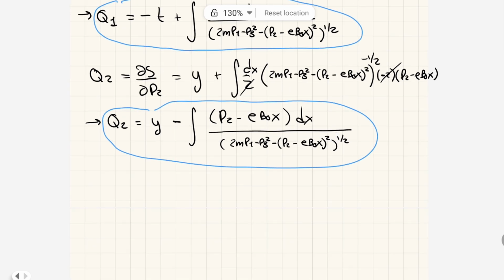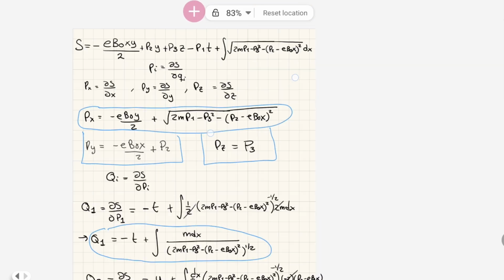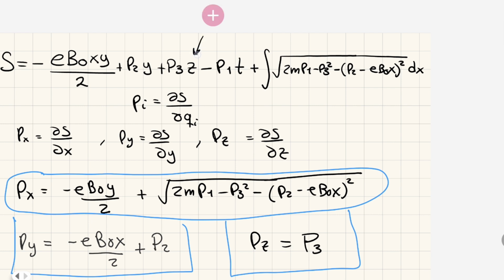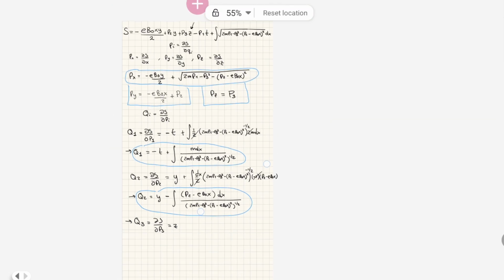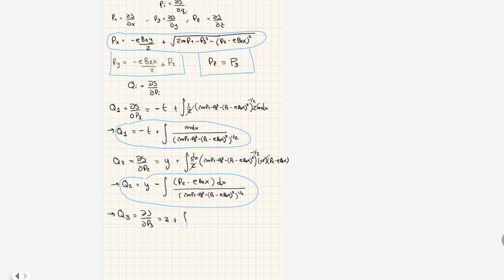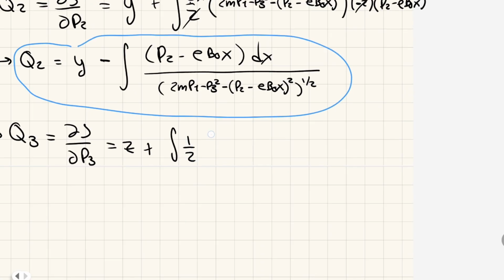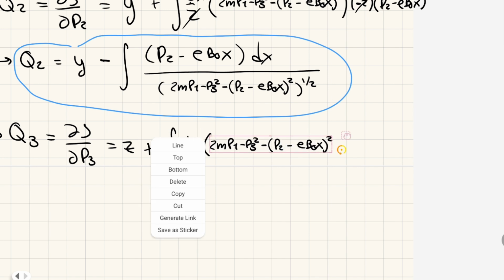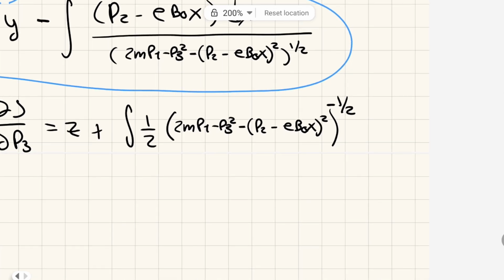But for now, we are going to end by calculating q3. That is going to be the partial of s with respect to p3. And what is this? Well, with respect to p3, we will get a z here. And then again, we are going to take the derivative of this. So we will have a letter c here, and then it will be plus the integral of, well, again, it will be 1/2, and then times this minus 1/2, and then, well, the derivative with respect to p3, right?